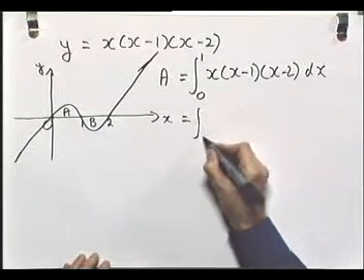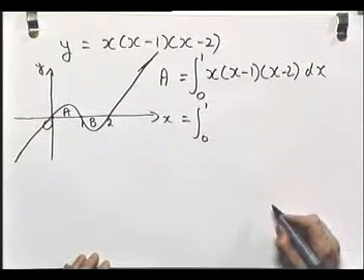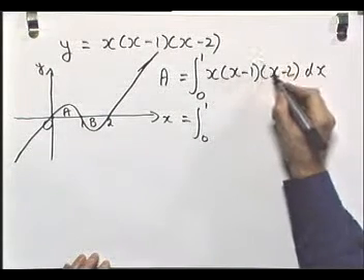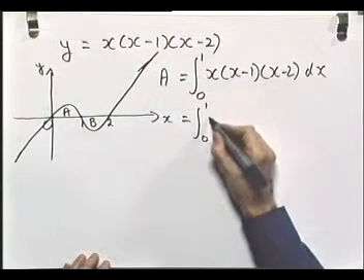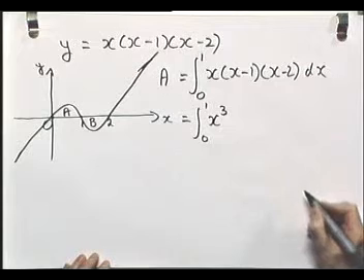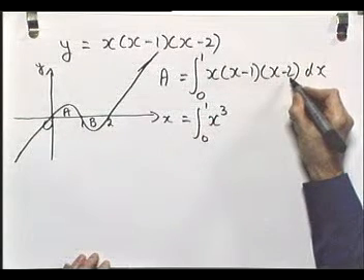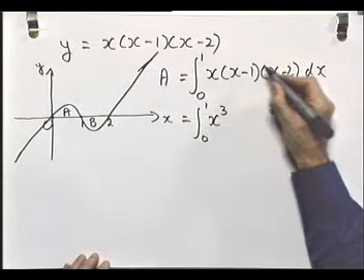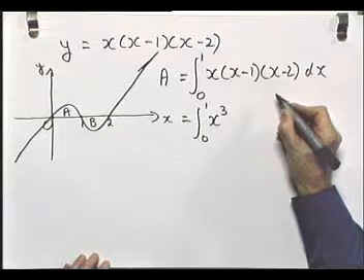First of all, we will need to multiply out these brackets. Well, x times by x is x squared, and times by that x again is x cubed. I've got x times by minus 2 gives me minus 2x, and minus 1 times by x gives me another minus x.